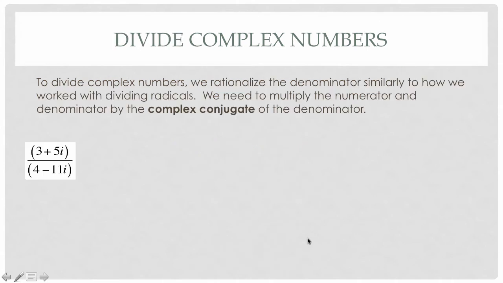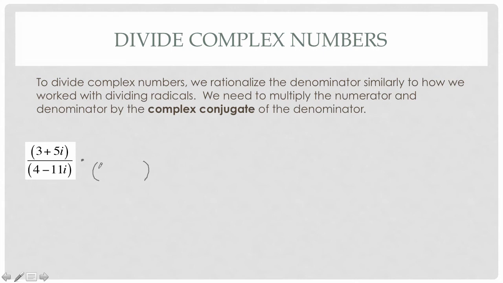Division is a little bit similar to how we did division with radicals. I need to multiply the numerator and denominator in such a way that I don't have any i's or imaginary parts in the denominator. So let's look at what we got here. Taking the same two numbers and dividing them, I'm going to multiply the bottom by the complex conjugate.